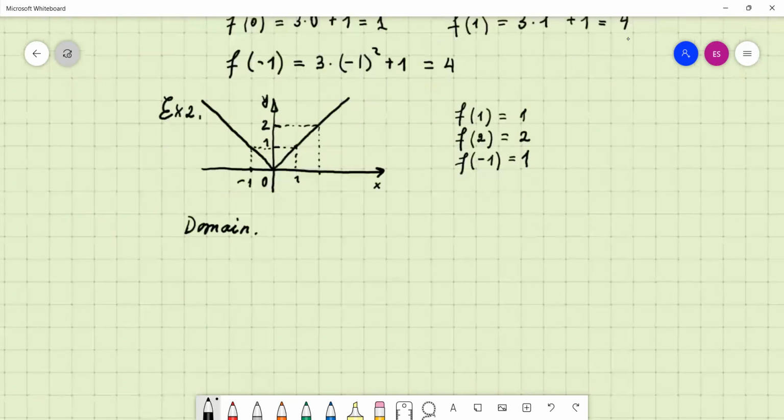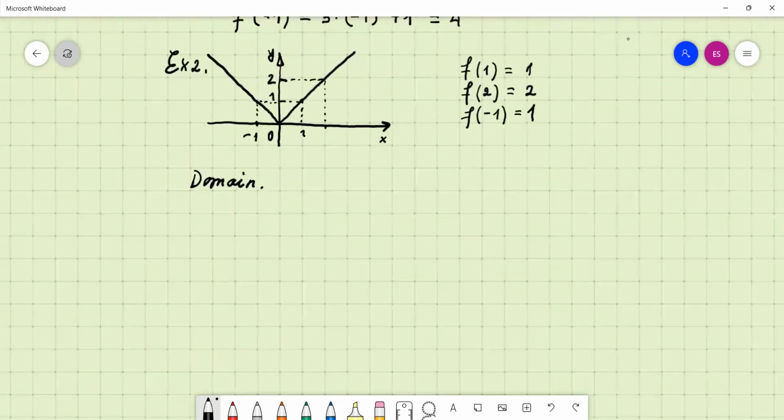Let's talk about domain and see how to find it. I'm going to put in parentheses what domain is, just to remind you: all possible x values.